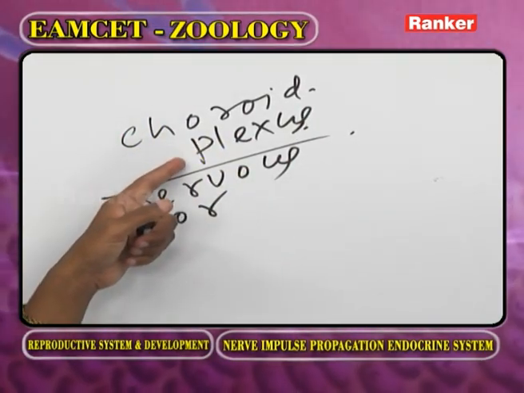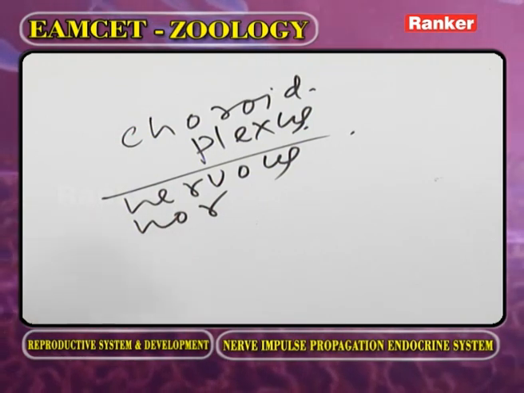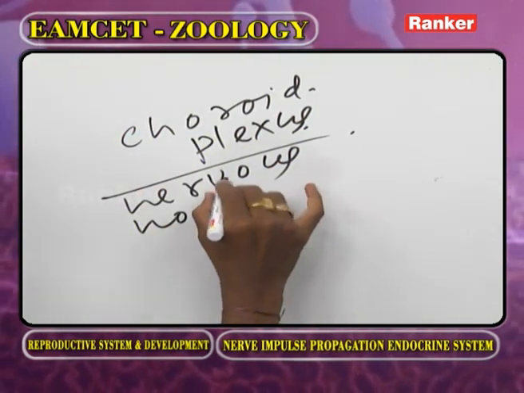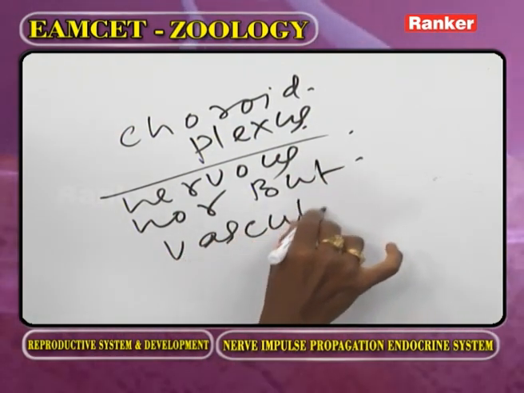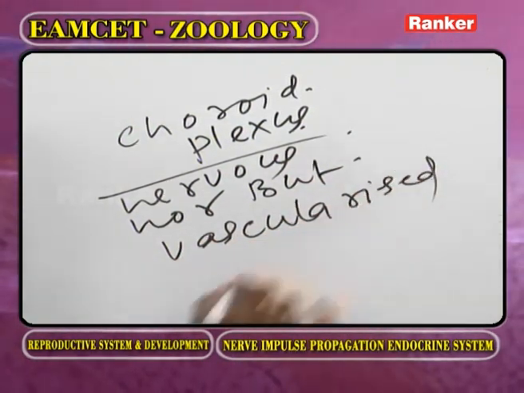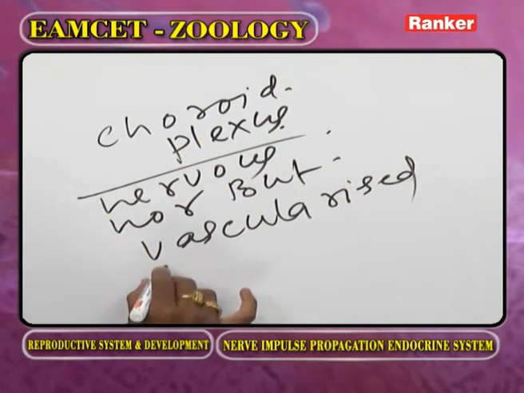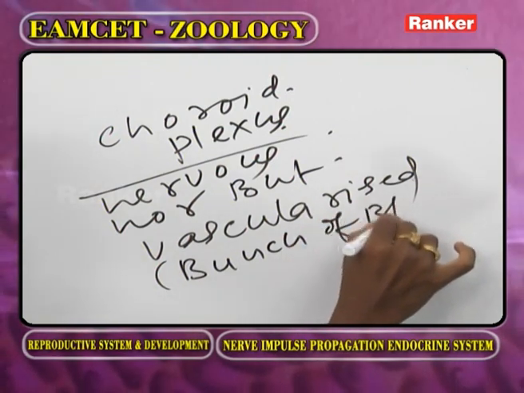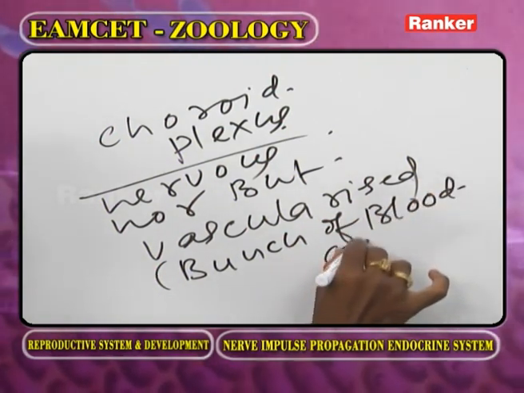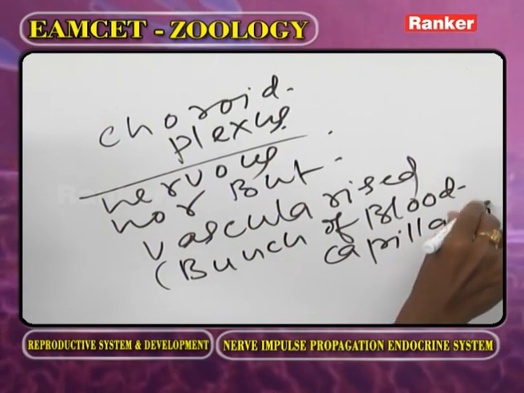In the choroid plexus, no nerves. It is non-nervous, but highly vascularized. What is meant by vascularized? Bunch of blood capillaries.